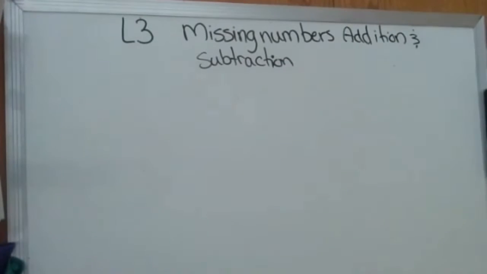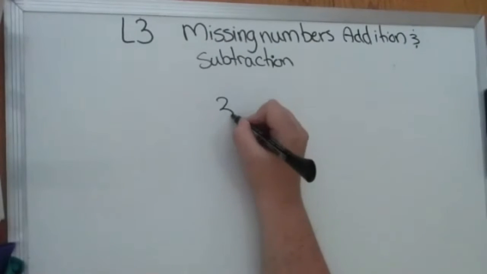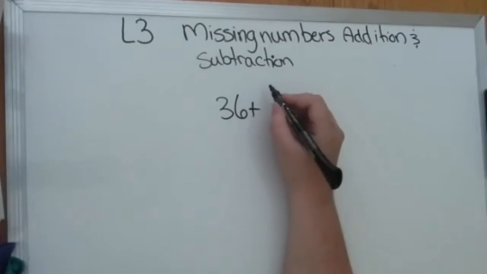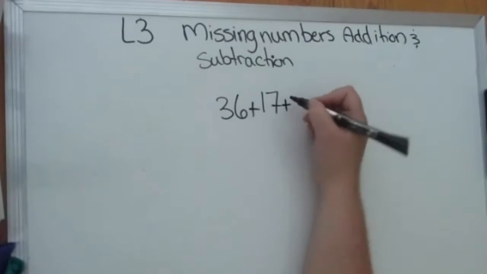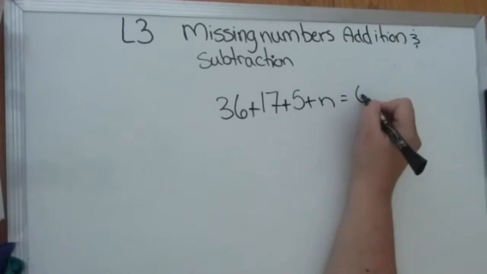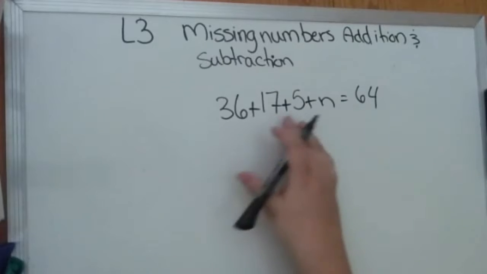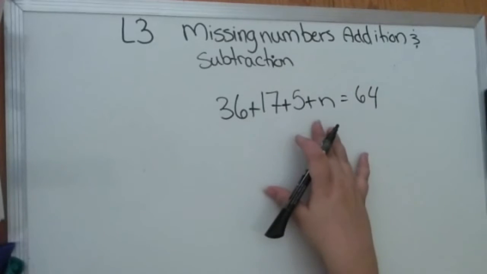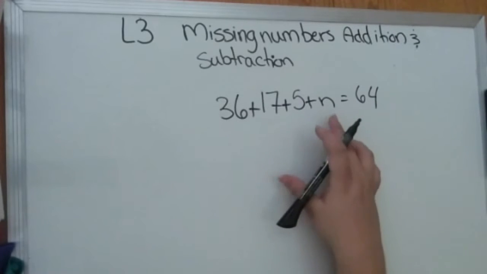If you have more than 2 addends, so if we have the addends 36 add 17 add 5 add n equals 64. Okay, now this is a multiple addend problem. We're still trying to find out what n is. We have a missing addend.